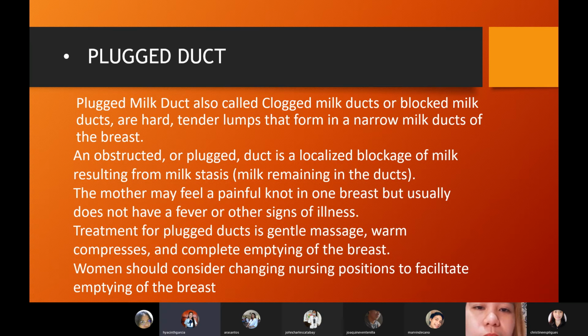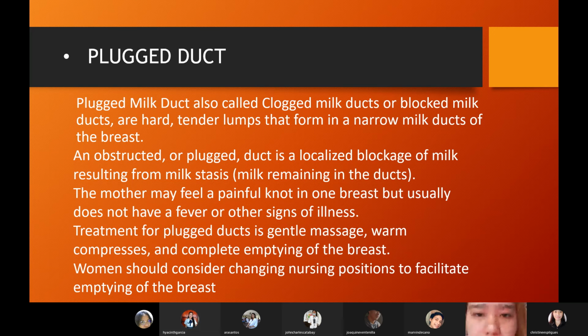The mother may feel a painful knot in one breast but usually does not have a fever or other signs of illness. Treatment for plugged ducts is gentle massage, warm compresses, and complete emptying of the breast. Women should consider changing nursing position to facilitate emptying of the breast. That's all, ma'am.